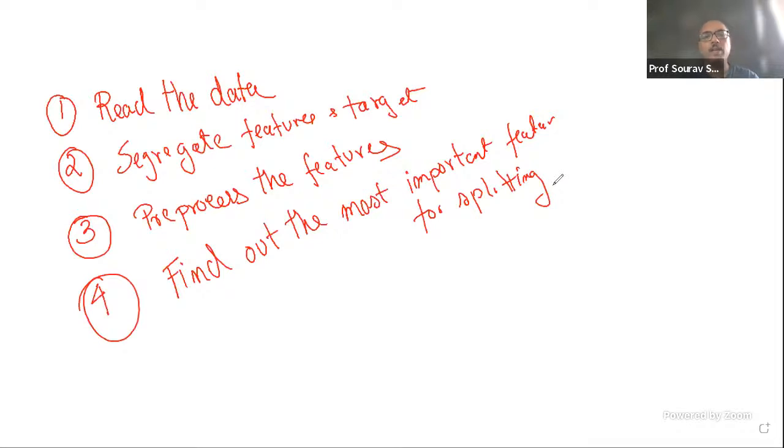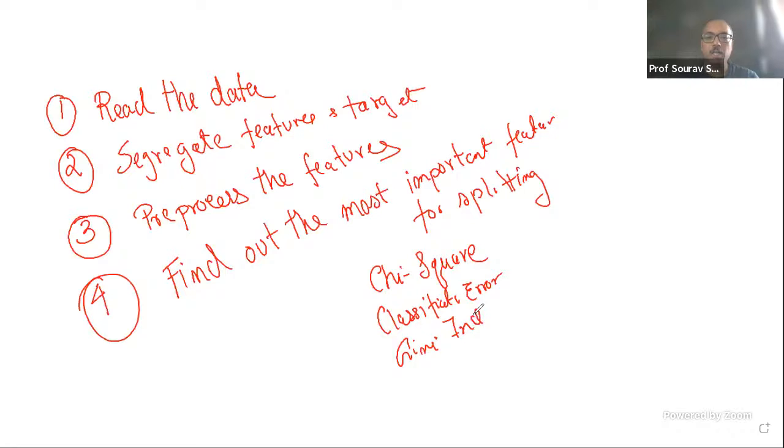Mathematically, we are trying to find out which of the variables has the maximum impact on the model fit when you do a split. The first technique we used was chi-square. Then we talked about classification error, Gini index, and then entropy. These are the techniques we discussed in the last session.